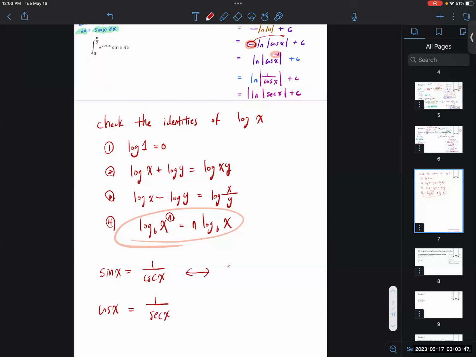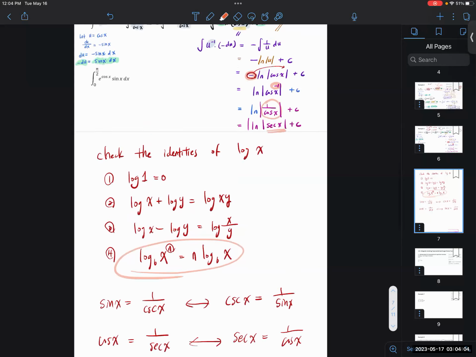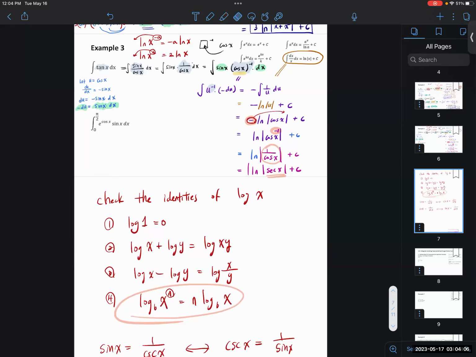So that means cosecant x is 1/sine x, and secant x is 1/cosine x. So according to the trigonometric functions, we can finalize that 1/cosine x is secant x as well. So that's your answer. So there's ln.